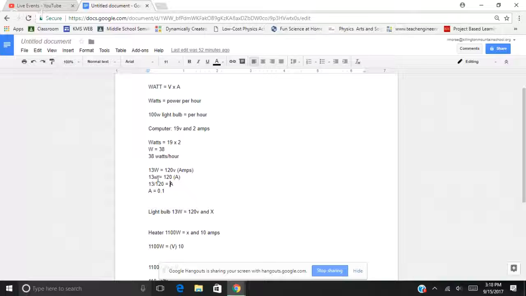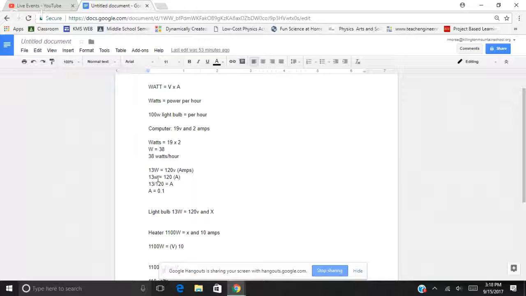So it's 120 divided by 120, which cancels it out, and it's 13 divided by 120. And then on a calculator, 13 divided by 120 is 0.1, so 0.1 amps. Light bulbs use 0.1 amps, 120 volts, and they're 13 watts. That's an energy efficient light bulb.